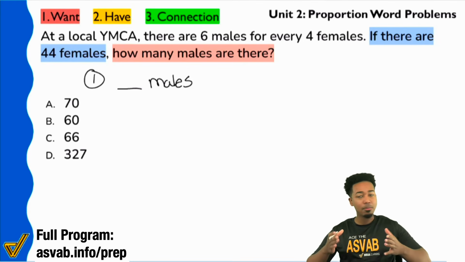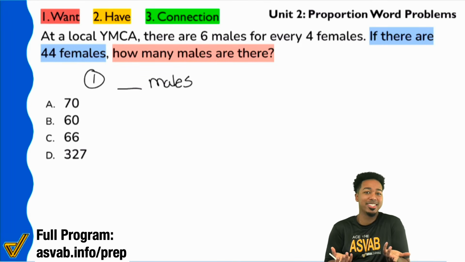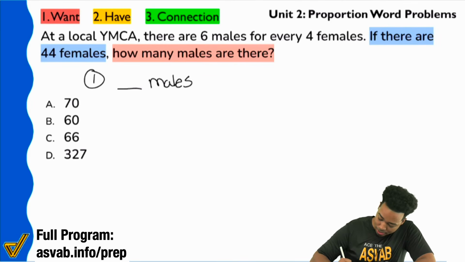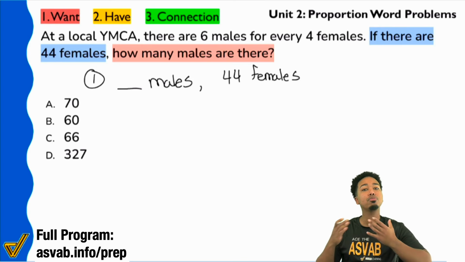And so you want that, because any hints or clues that the problem can give you, you want those advantages. You really do. So there we have that. We're good to go. So we have blank males, and then we also have 44 females. I'm going to write those on the same line because, again, those two pieces of information are connected.